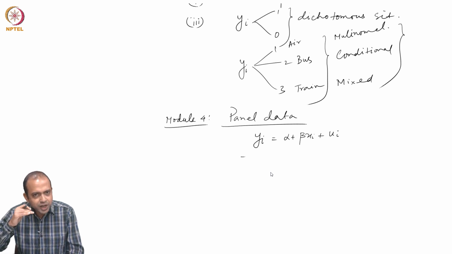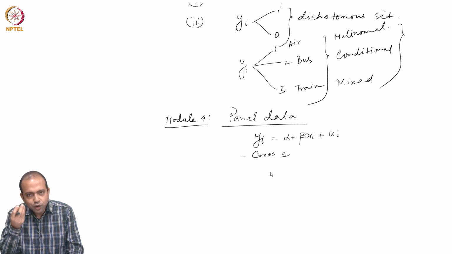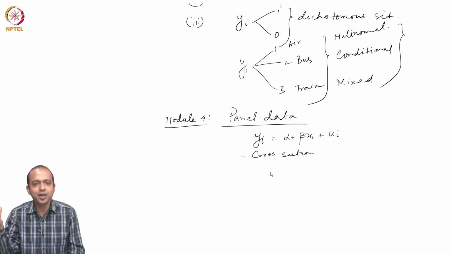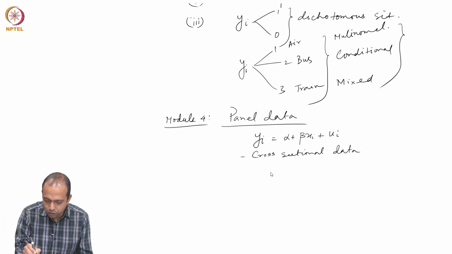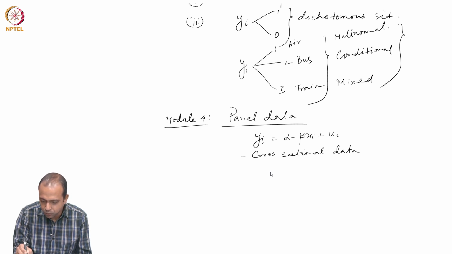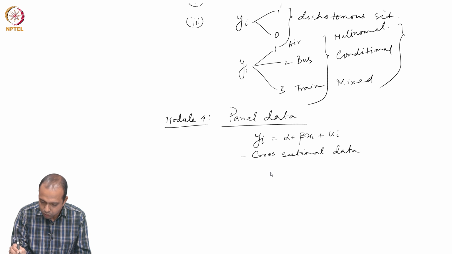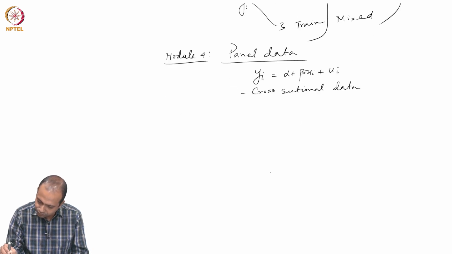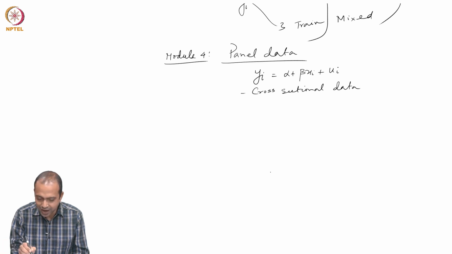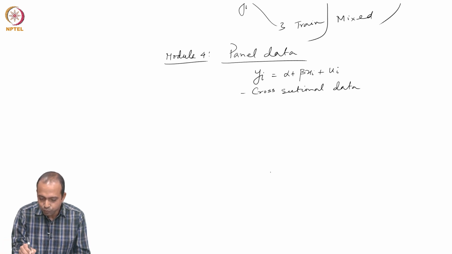So, that means we can pool a cross section with time over a period of time, and that will give us pooled data.